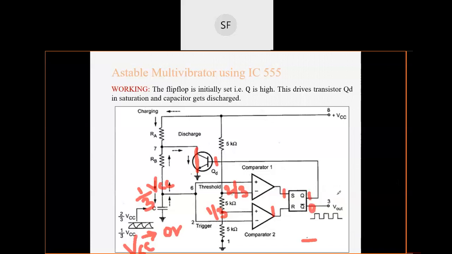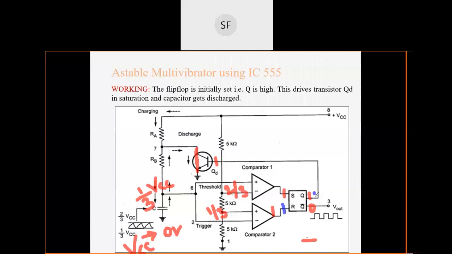So now this is one loop. I will denote the next loop by the blue annotation. So now this high, the output of comparator 2, is nothing but the input to the reset input of your flip-flop. So now reset will be 1. So now what will happen?